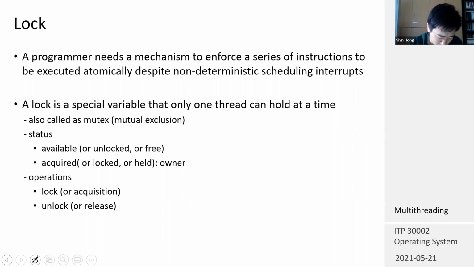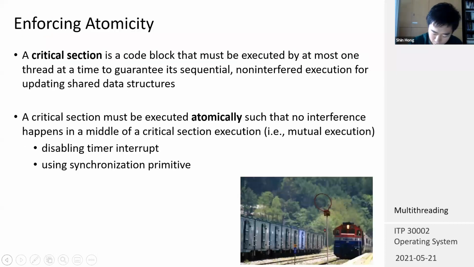I told you that this way of programming is often referred to as p-thread programming. In the p-thread library, mutex or lock is one of the fundamental synchronization mechanisms. In the previous lecture, I explained it with some real-world analogy, another example that shares the same intuition as a lock.